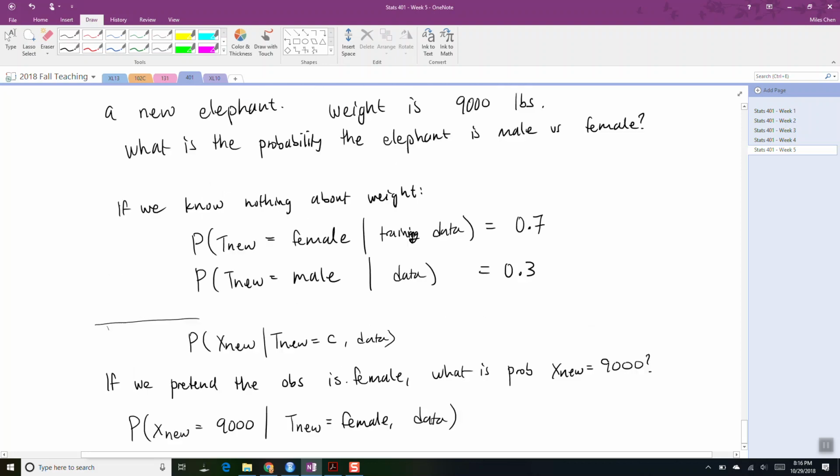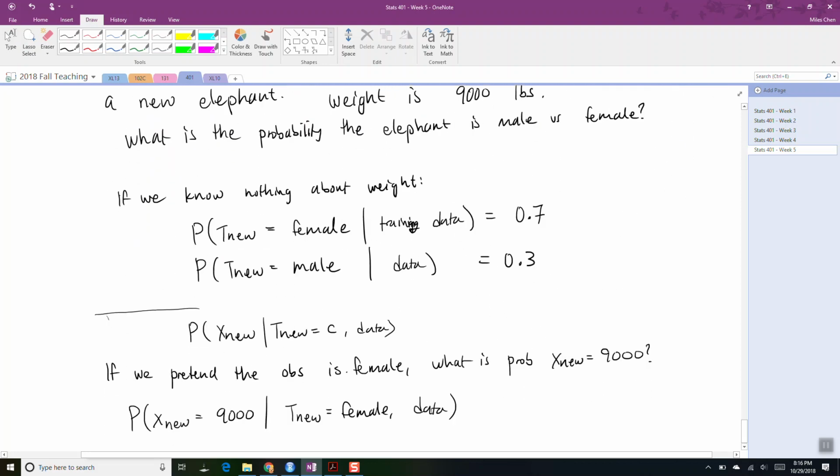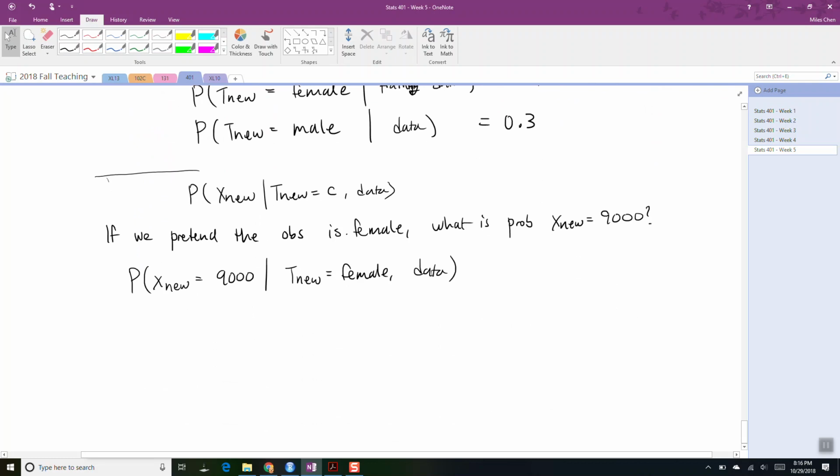So we have to start making assumptions, and maybe one assumption will be that our data comes from a normal model, okay, with this mean and standard deviation. So we'll assume the probability of X given the class follows a normal model.